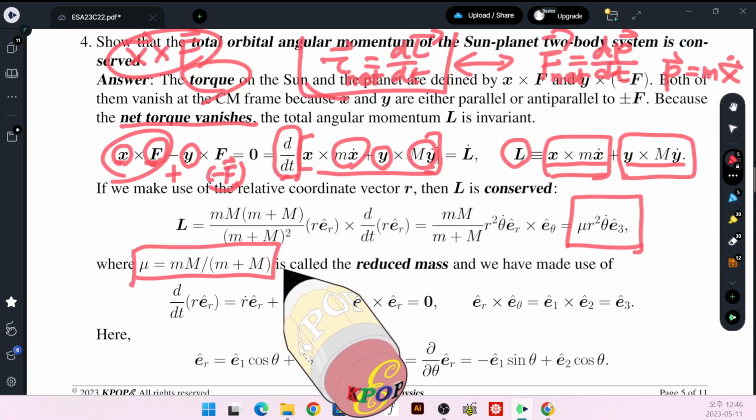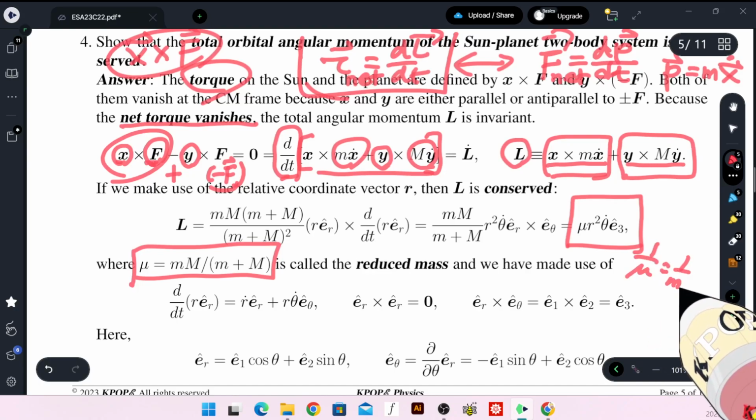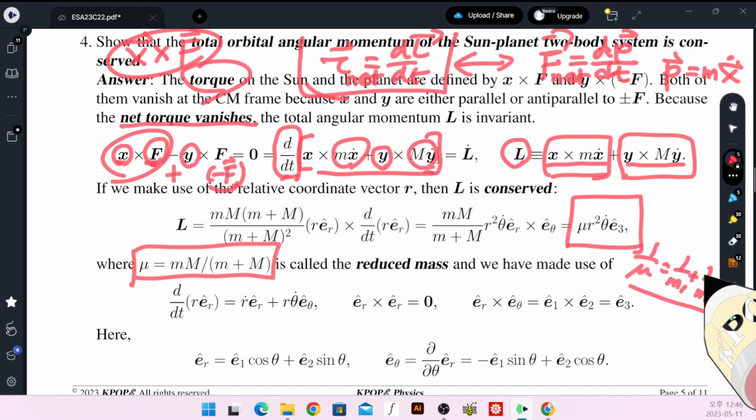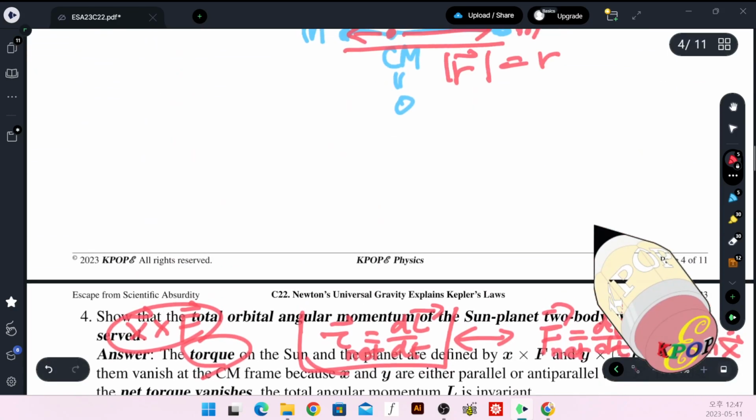You could have learned the harmonic average in mathematics class, something like that. This one originates from this physical problem, for example, the reduced mass of the two-body system. And in here, r is the distance between the two particles.